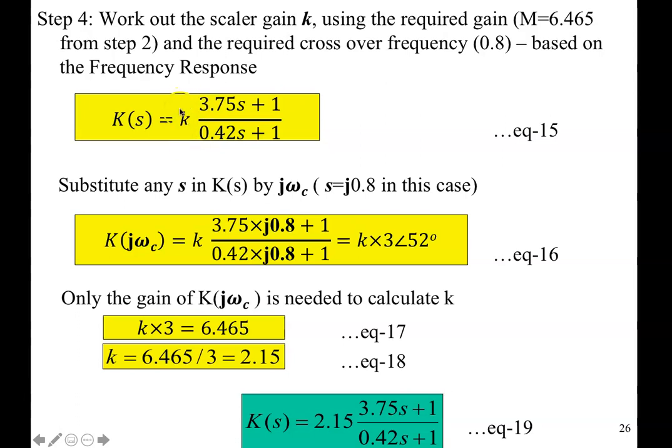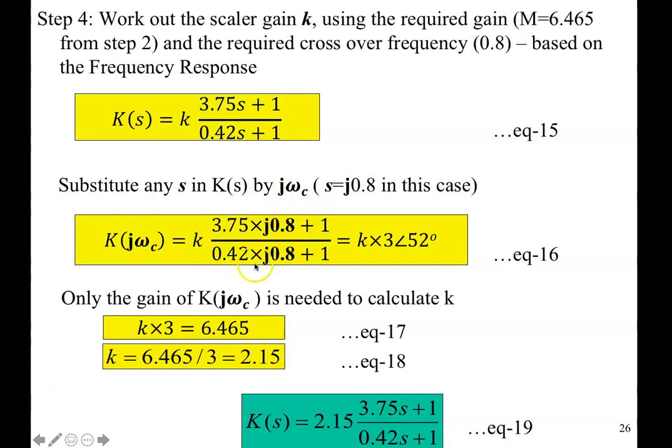To determine this, the first thing you need to do is to replace this s and that s by j omega c. Omega c is my required crossover frequency. This is 0.8. So I'm going to replace this s by j 0.8, and that s by j 0.8.